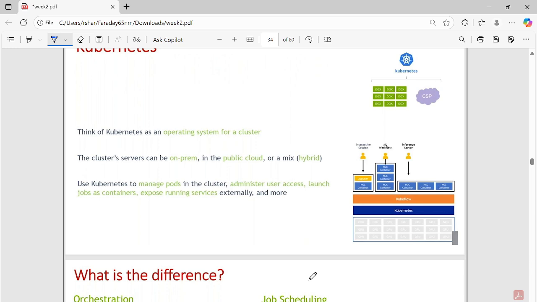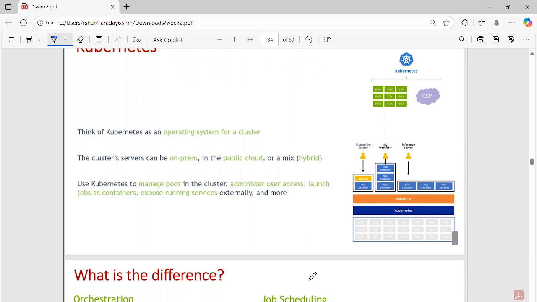The overall thing is called orchestration, which means that we are trying to orchestrate all of those features, making sure we follow all those principles and optimally utilize the resources.